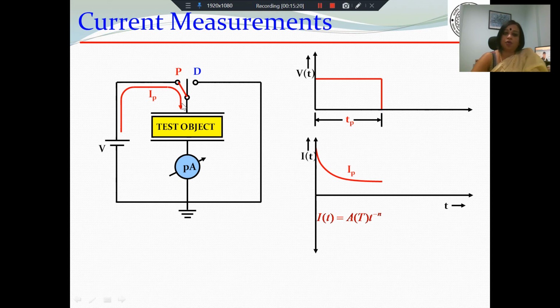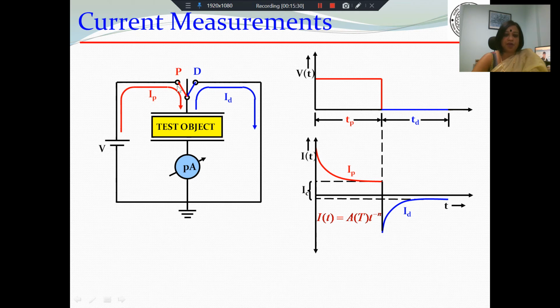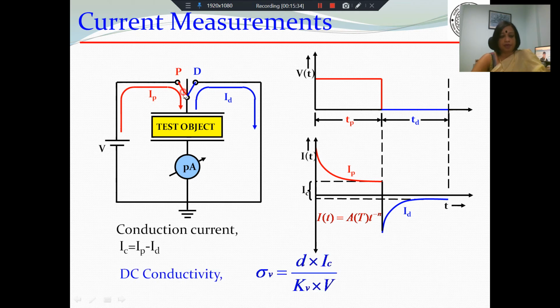So therefore, what we do is, after waiting for a sufficiently large polarization time, we depolarize the material, in which case we should open up this circuit. This red switch is opened up, and this red part, this IP, ceases to flow.